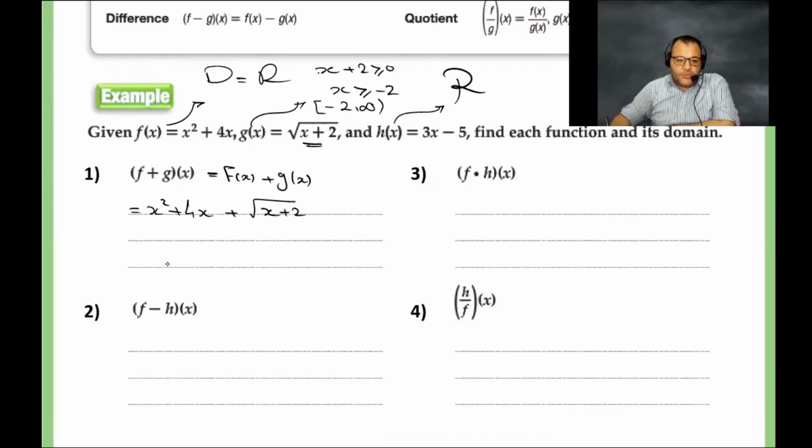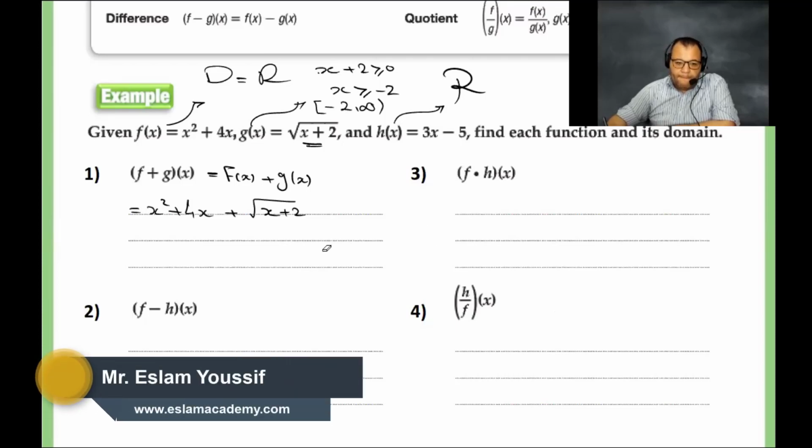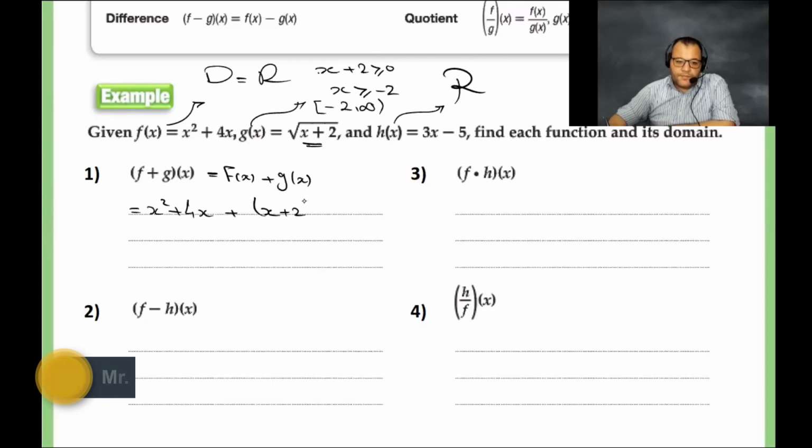Again, for this one, can you simplify it one more time, or is that the simplest form? How can you simplify it? Maybe you can remove the root. Where do I have to remove the root? Let me convert the root into a one-half exponent.